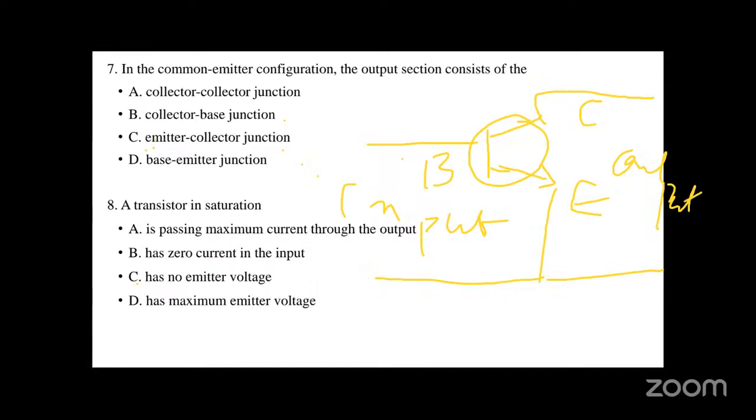So the base emitter is the input, while the collector emitter is the output. So the correct answer to this question is C, that is emitter collector junction. Emitter collector junction becomes the output section. Right. So let's move to the next question.